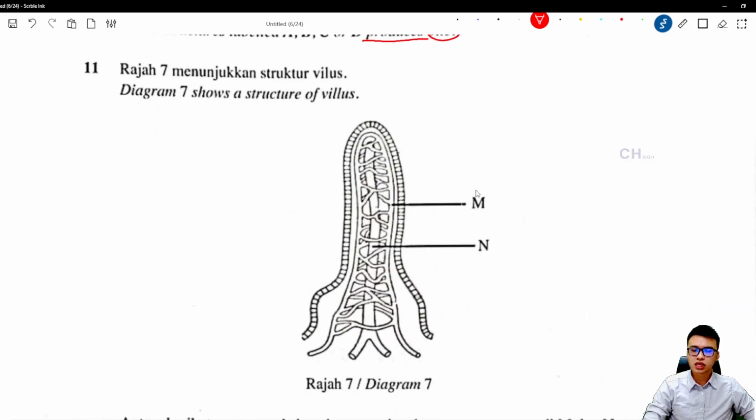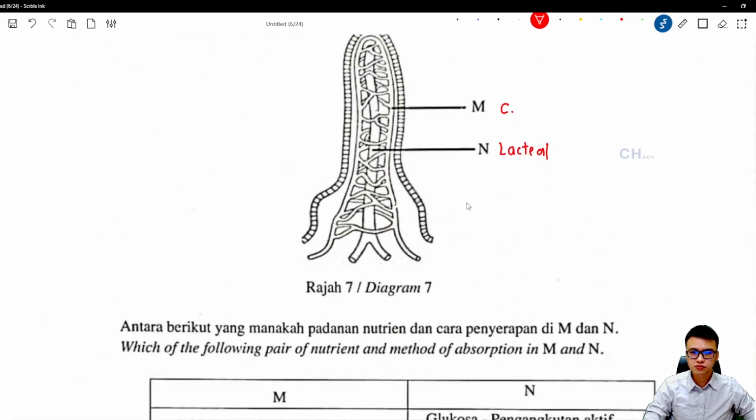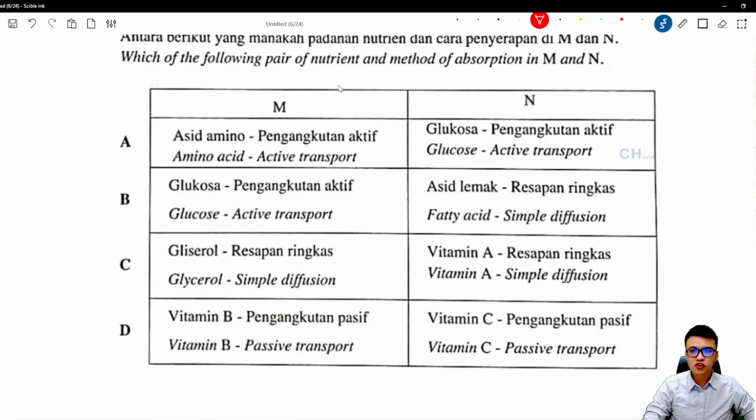Now look at question 11. Diagram 7 shows structures of villus. We have M is the capillary, N is the lacteal. Which of the following pairs of nutrients and methods of absorptions in M and N?